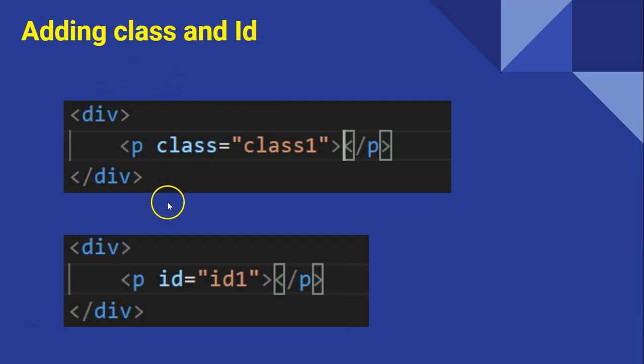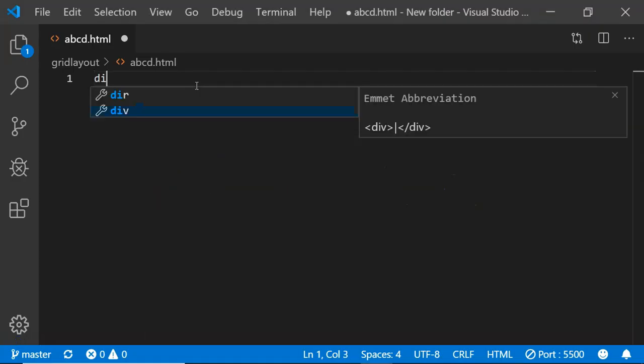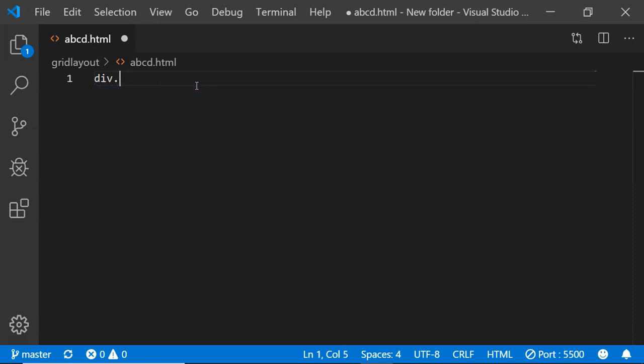So after class and ID we will see how we can create sibling element. Like here is a div that has two children. One is a paragraph, and now this paragraph has a sibling, this paragraph. Let's see how we can do that. Okay, so we have a div element, and it has 2 children.